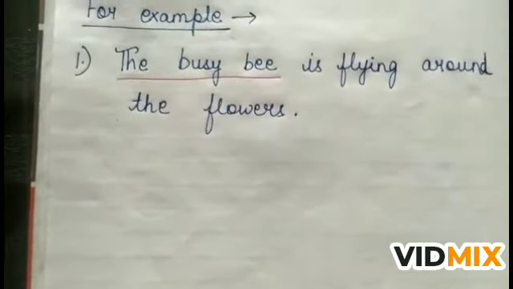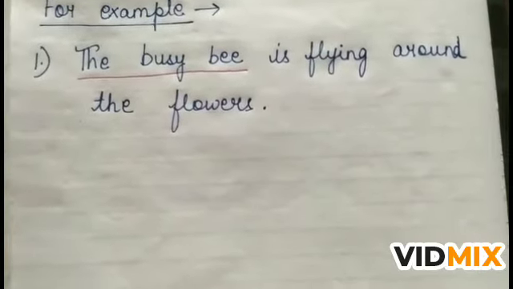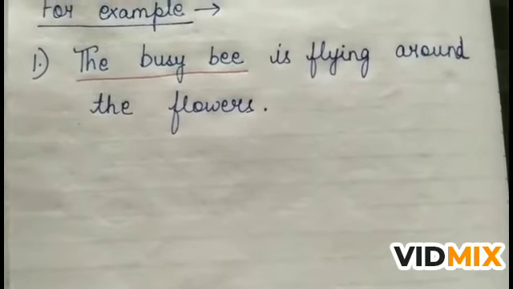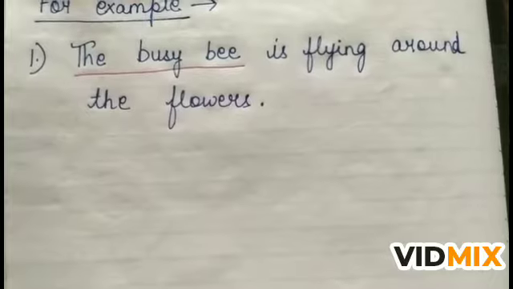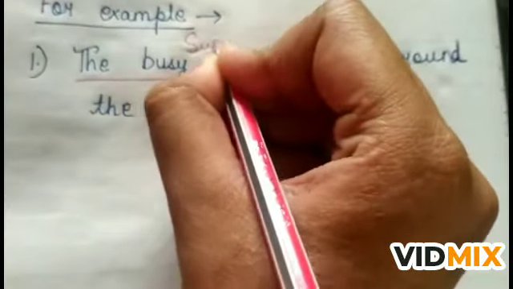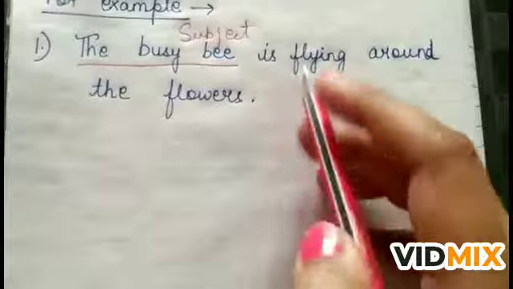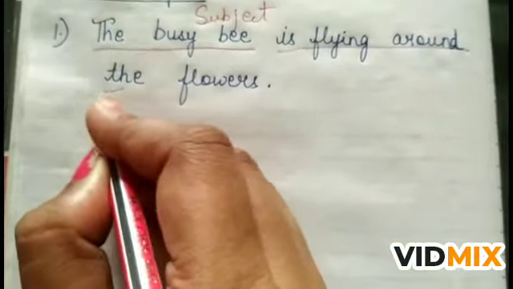The whole sentence is talking about the busy bee, that the busy bee is flying around the flowers. It is talking about that it is flying around the flowers. So, the subject is the busy bee and the rest of the sentence is predicate.